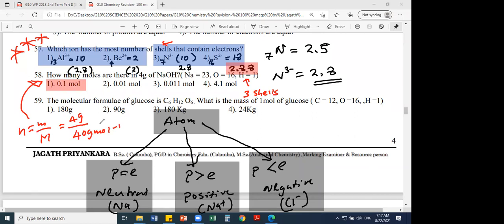Then you get the answer. Grams cancel. Then you get 1 over 10. So 1 over 10 means 0.1 mole. That's why the answer is the first one.